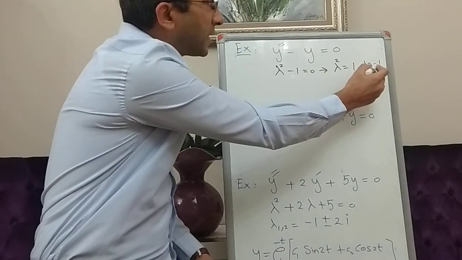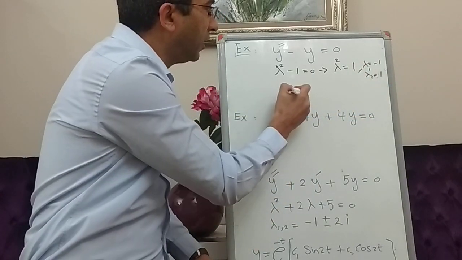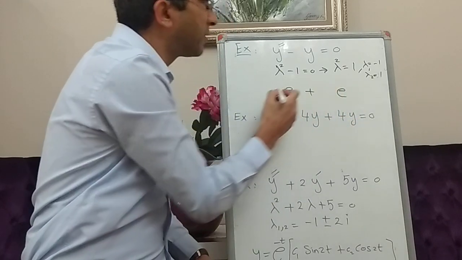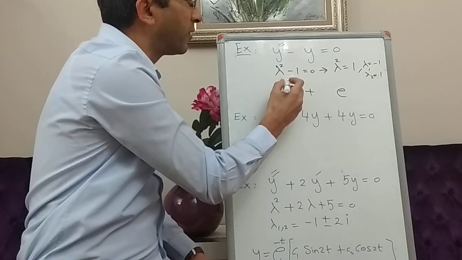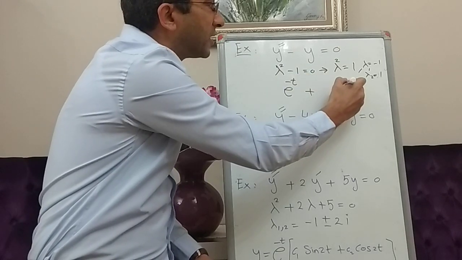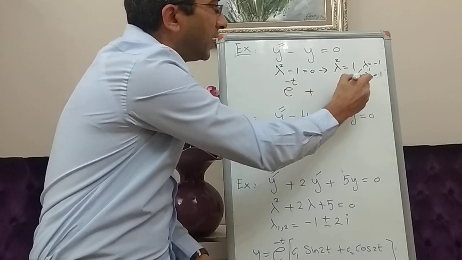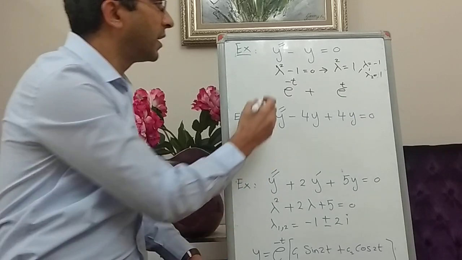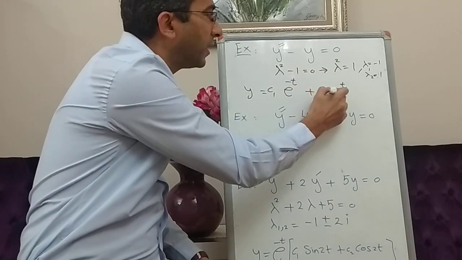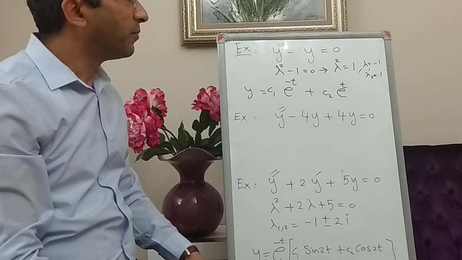Because these are real numbers and not equal, the solution is two exponential functions. The first one is e to the power of the first root, minus 1 times t, and this is e to the plus 1 times t. These are the two functions, and this is your solution. You just put here c1 and c2.